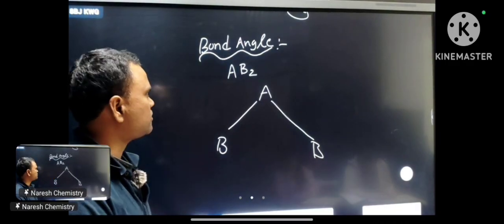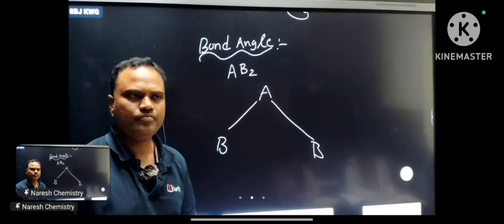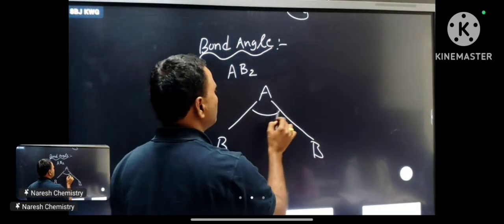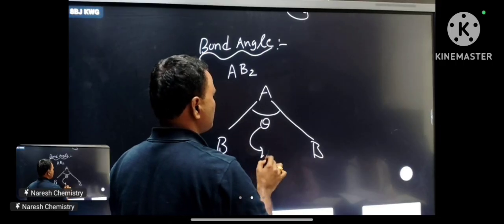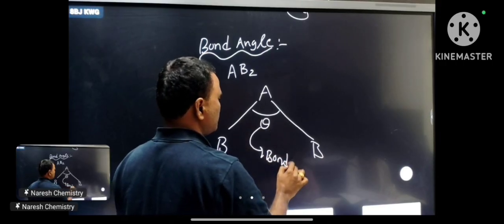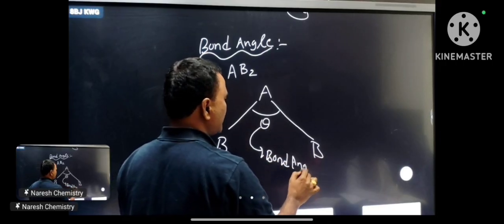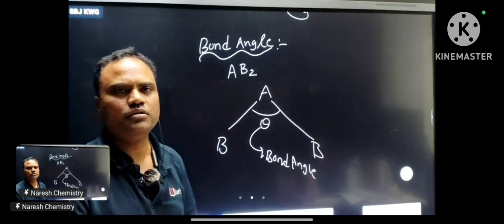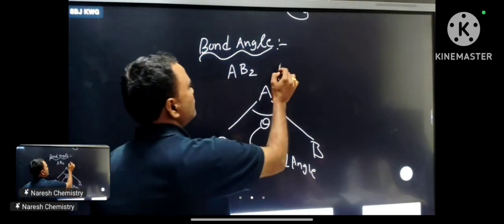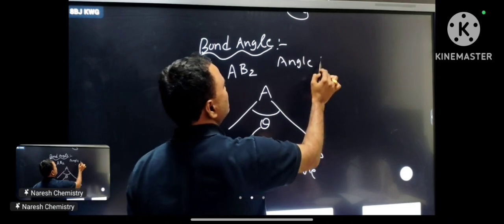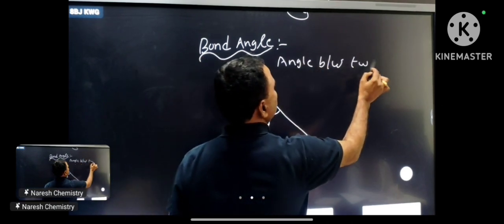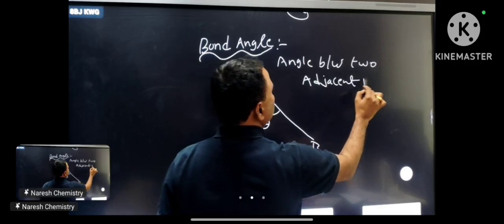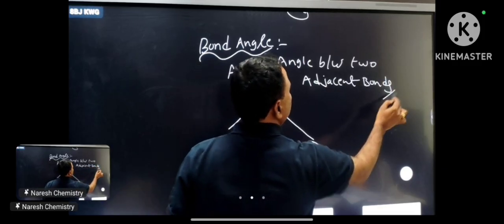Consider the structure of AB2 like this. Definition of bond angle: the angle between two adjacent bonds in a molecule is called the bond angle. Simple definition: angle between two adjacent bonds is called bond angle.